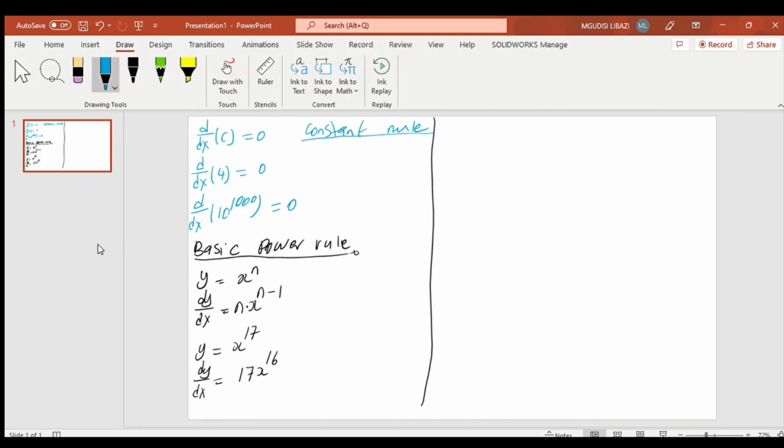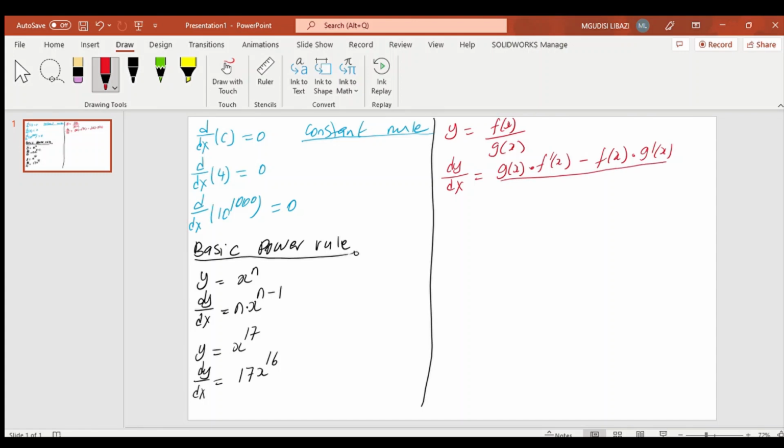In the quotient rule, if the function y is, for example, equal to f of x divided by g of x, when you take dy over dx, differentiating y with respect to x, you get g of x multiplied by f prime of x, minus f of x multiplied by g prime of x, all divided by g of x squared.